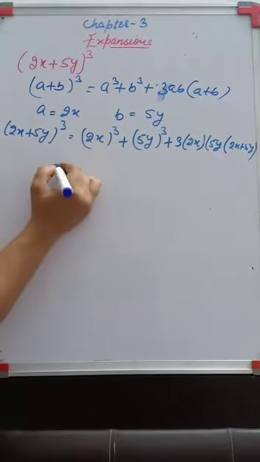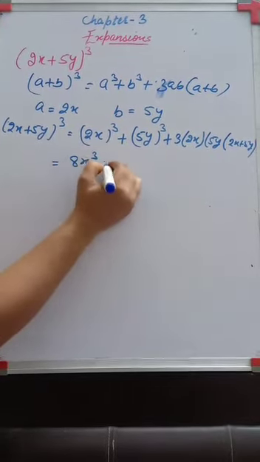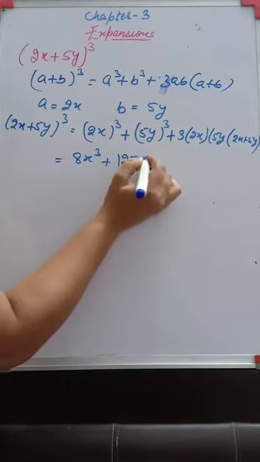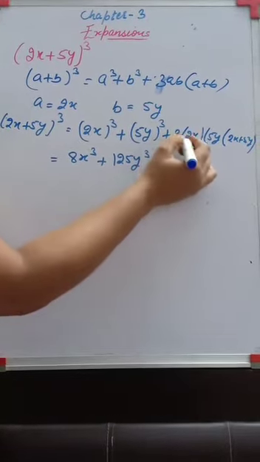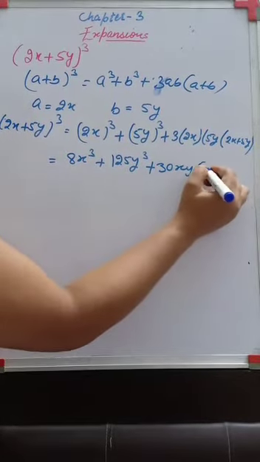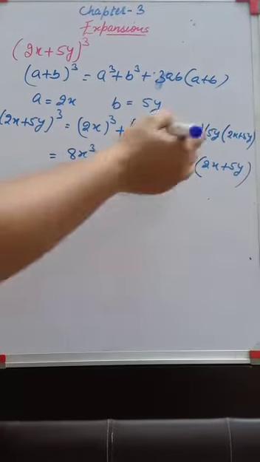Now when I solve this one, what am I getting? 2 into 2 into 2, that means 8x cube, plus 125y cube, plus 3 into 2 is 6, 30xy into 2x plus 5y, right? I need to expand this more.